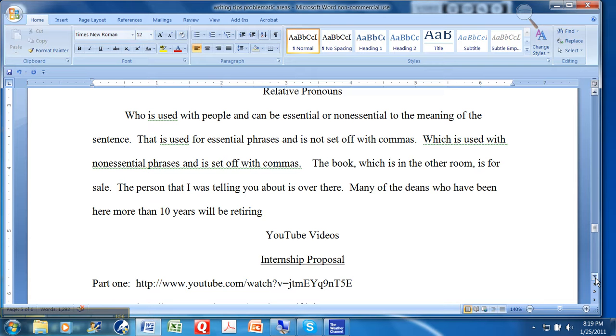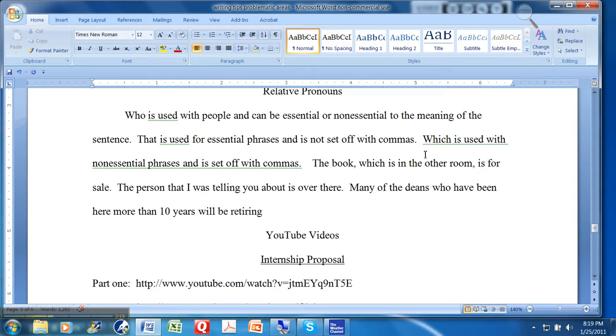So for phrases that are essential to the meaning of the sentence, or restricted they call it, there are no commas. The phrases are not set off with commas. And that is the word that's used with essential phrases, and so there are no commas used with that. Which is the word that's used with non-essential phrases or non-restrictive phrases and is set off with commas.